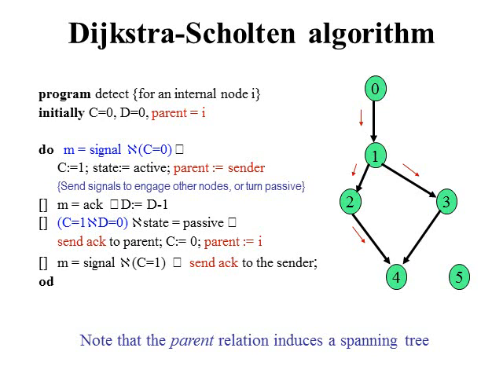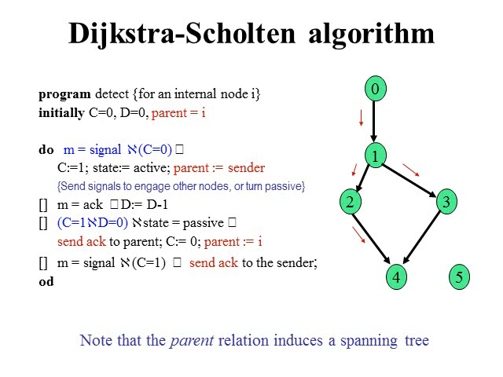So in the very first statement, we see that if a message M or a signal is received and the value of C is equal to 0, which means that this is the very first time a signal was received by the process I, what does the process do? It's going to set its value of C to 1, okay, so deficit along incoming edge to 1.